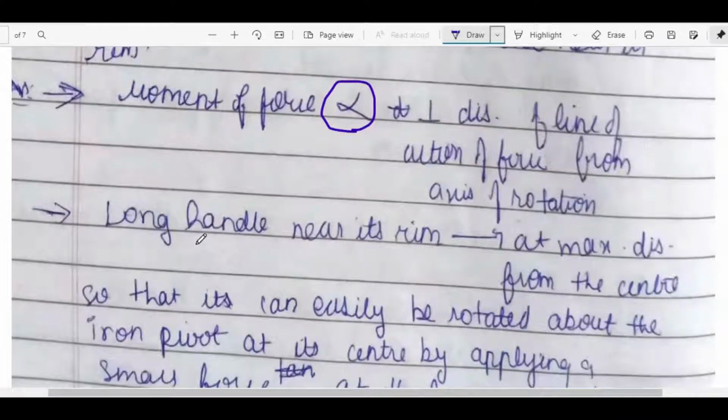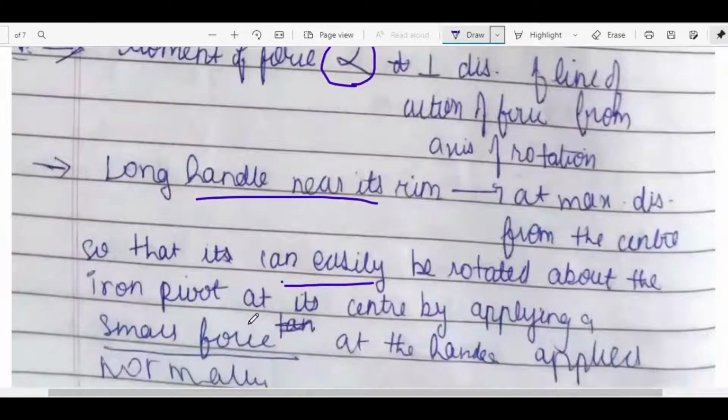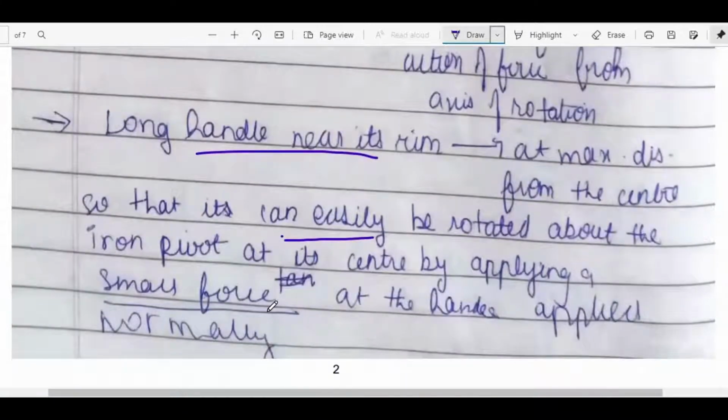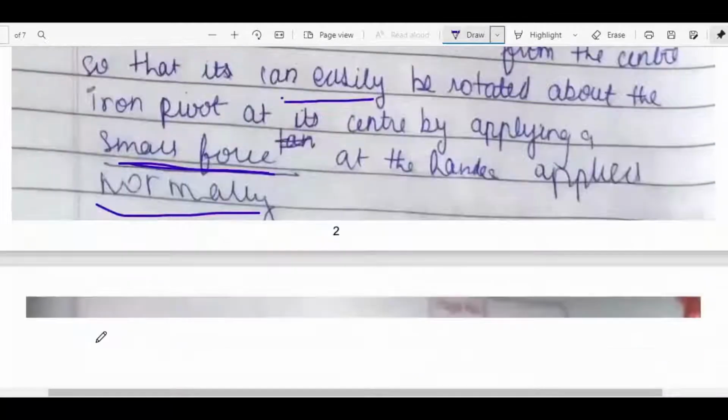So a long handle near its rim is at a maximum distance from the center. This will enable it to be easily rotated about the iron pivot at its center by applying a small force or a small effort at the handle applied normally.